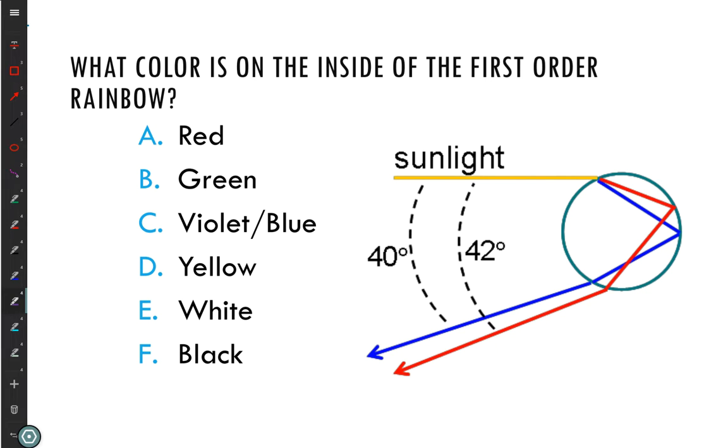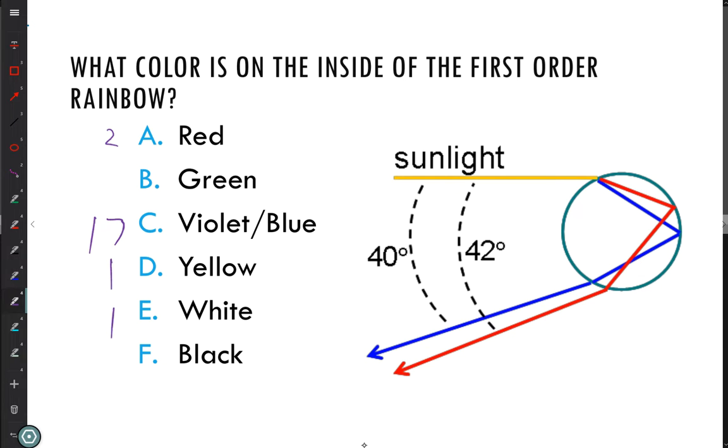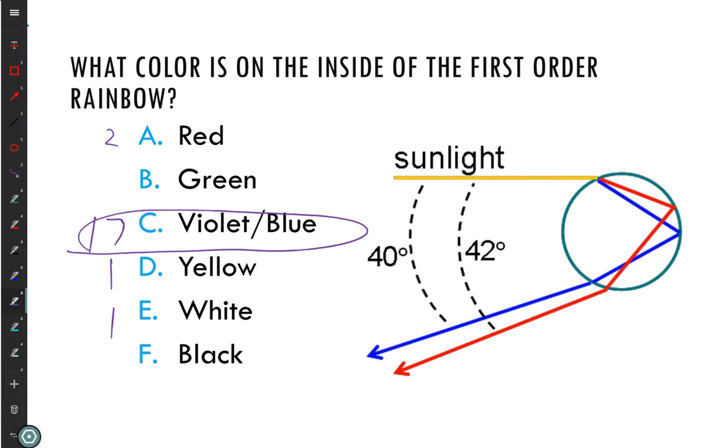Okay, everybody's answered. We have a very strong agreement. Very surprising. The correct answer is the violet or blue. I'm not sure how anyone said yellow or white.